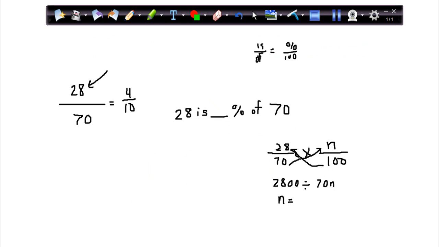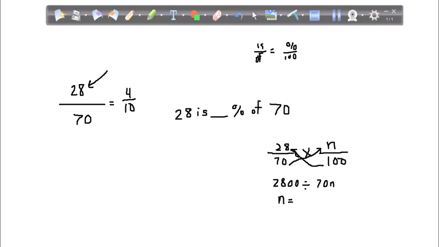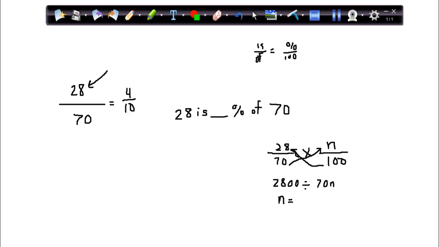And so 2,800 divided by 70, as we put it in the calculator, the answer was 40. That's 40%. Okay, so we know it's 40%, and that's the same answer they got in your book.